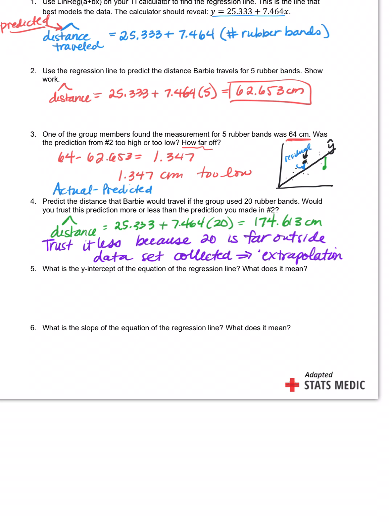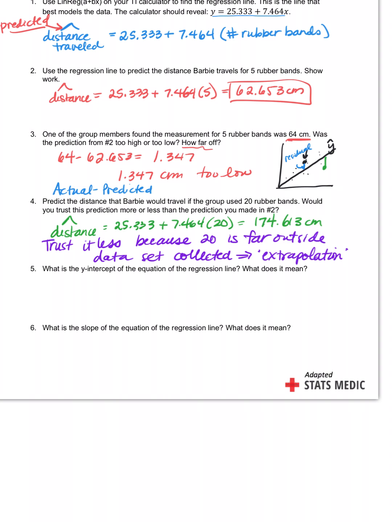All right. When you predict within the data set, guess what they call that? Interpolation. Yep, interpolation. Makes sense, doesn't it? And that's more accepted? Oh, completely. Yes. Interpolation is fine. Within the data set is perfectly fine. As long as you realize it's just a prediction, it's not perfect.